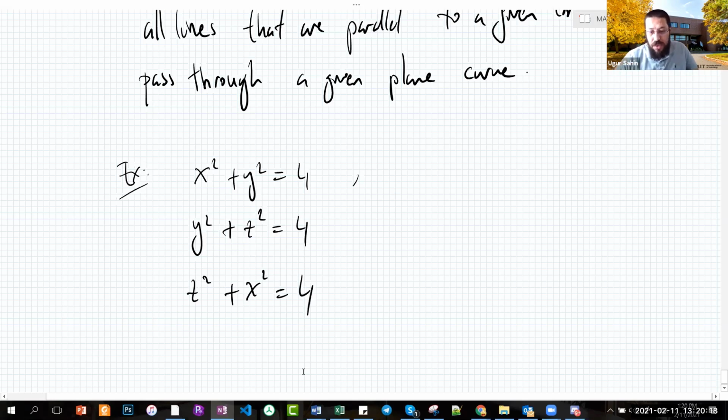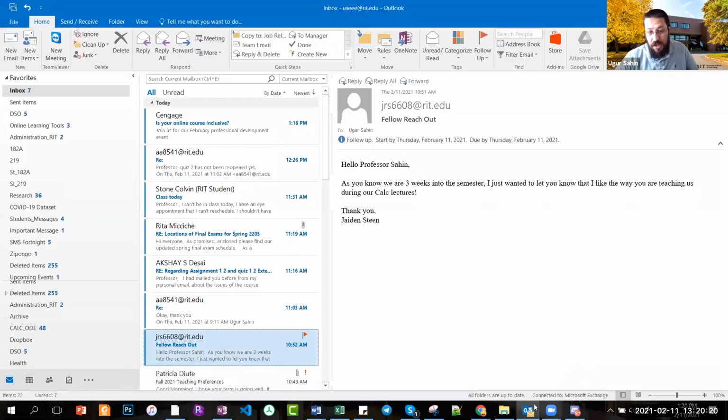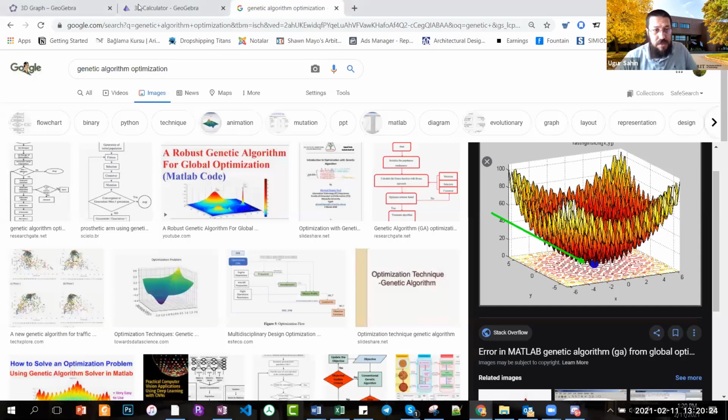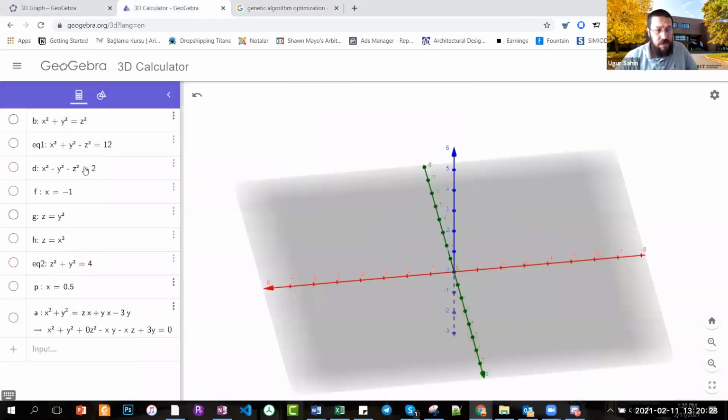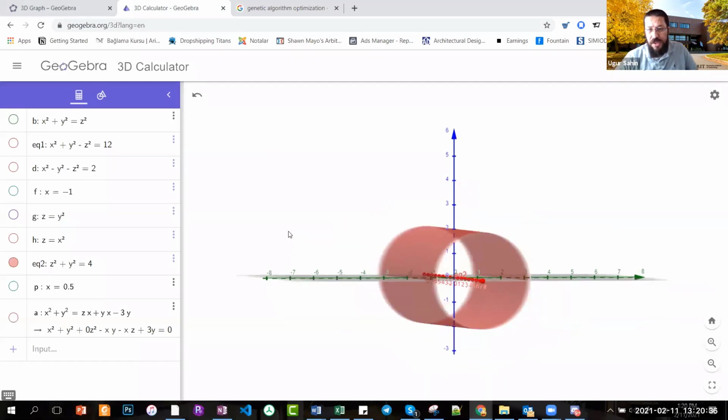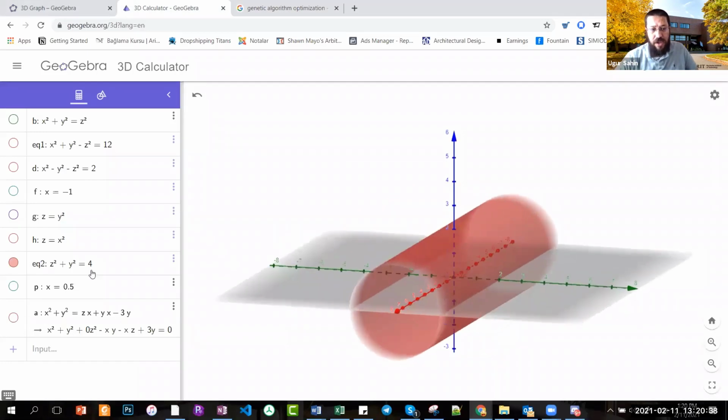Let me not use my terrible drawing skills. Instead, I'd like to show you one of the nice ones, this one, for example. You see? This is a cylinder. What equation is this? Z squared plus y squared equals 4.